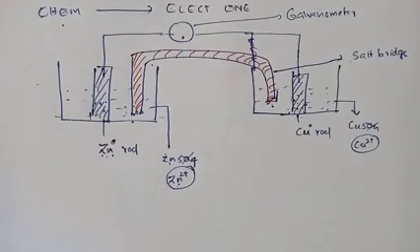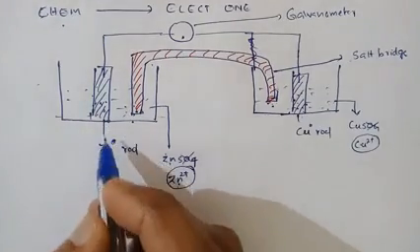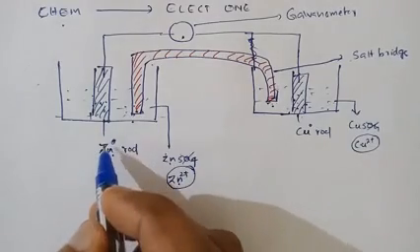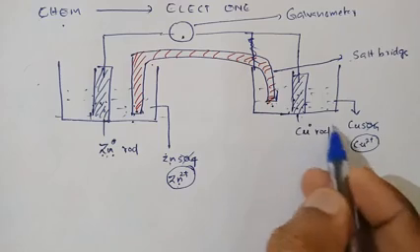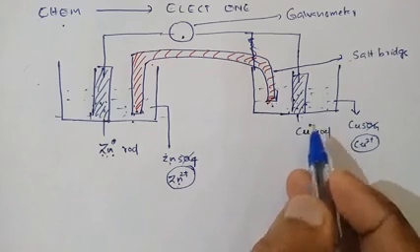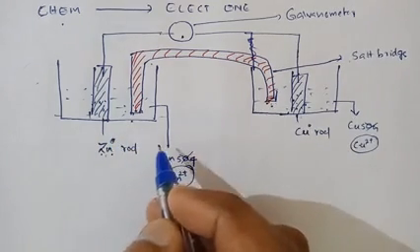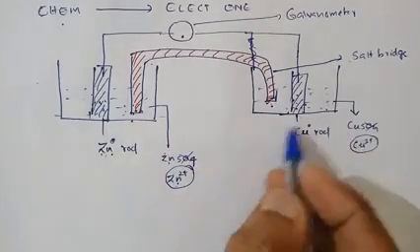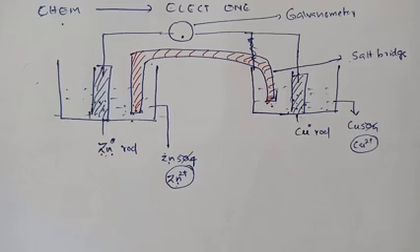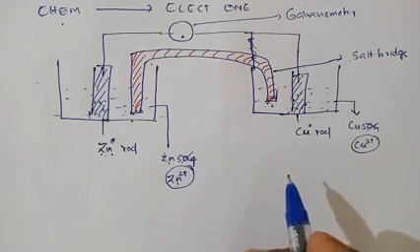Then what happens here? Here the reactivity or activity of zinc is more than that of copper. So zinc is more active than copper. Clear? There is a series which is called standard reduction potential series.